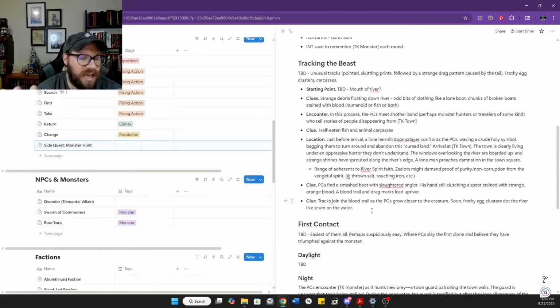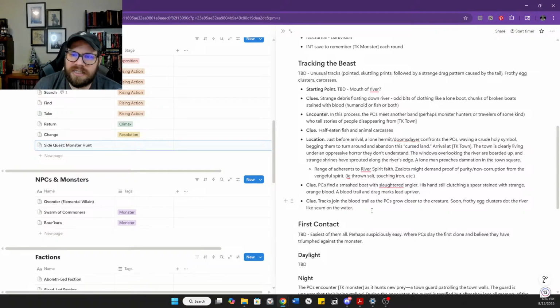We kind of spitballed the idea that they tell stories of people disappearing from this town, and that kind of warns them. But is the information that this hermit that lives outside of town, this doomsayer, gives the PCs just going to be a repetition of this information they've gleaned from this other band, or is there other information that we can impart here, and use that to determine which should come first?